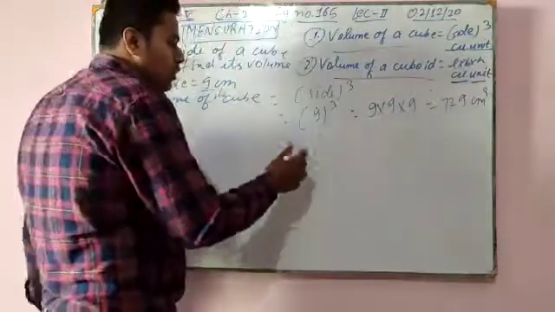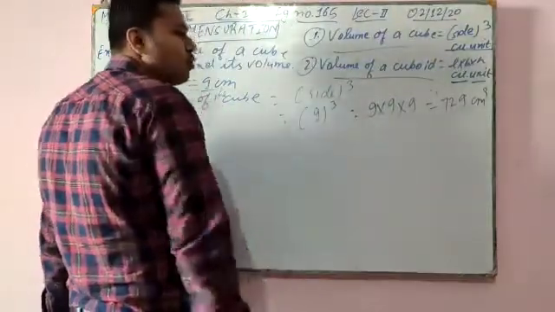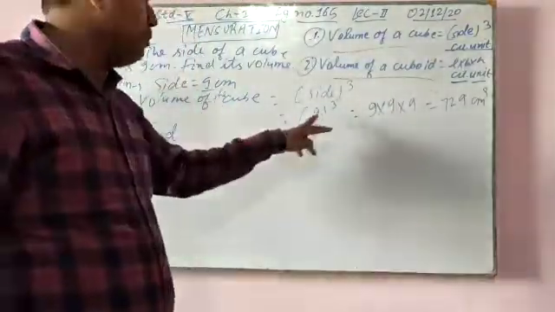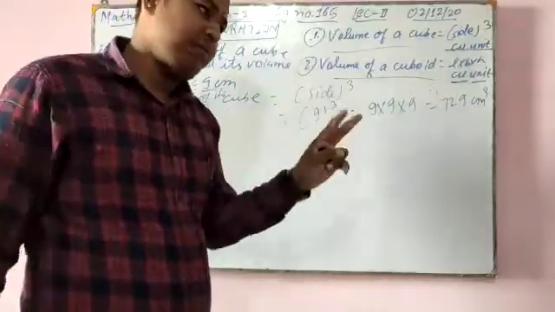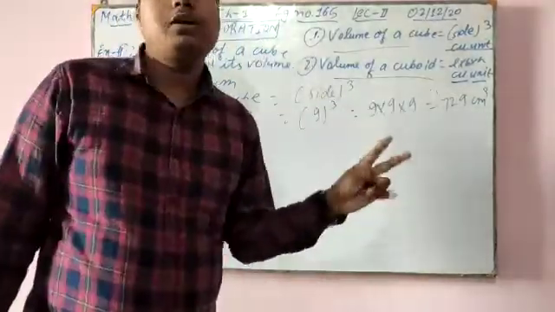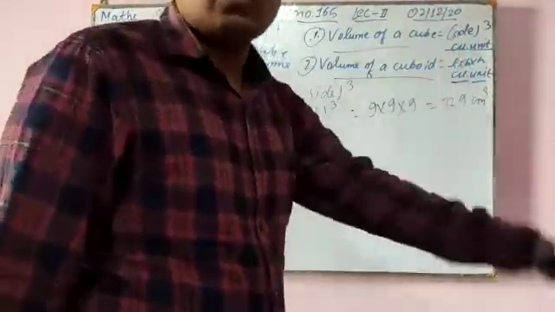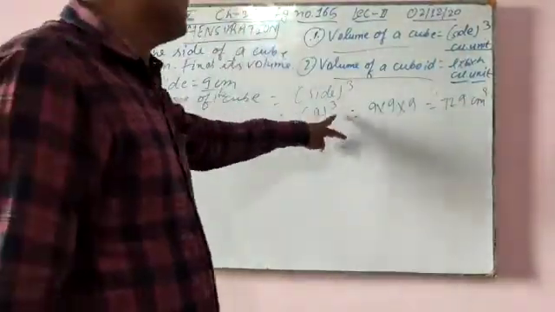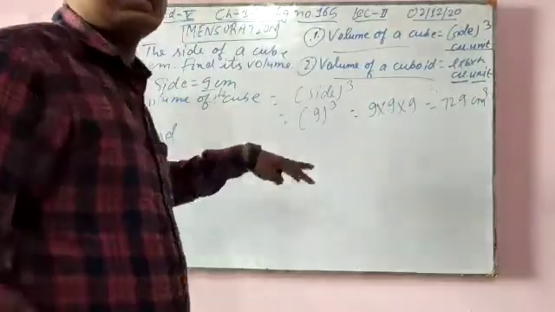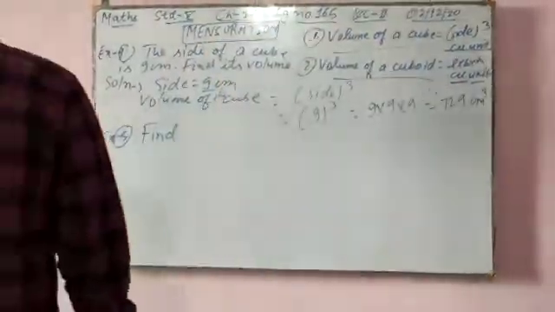Like in the square, if it is 9 and it is 2, 9 square means you have to multiply that 9 two times. If it is 4, then you have to multiply 9 into 9 is 81, into 9 is 729, and again into 9. Okay, this shows that whatever number is there in the bracket, you have to multiply that.